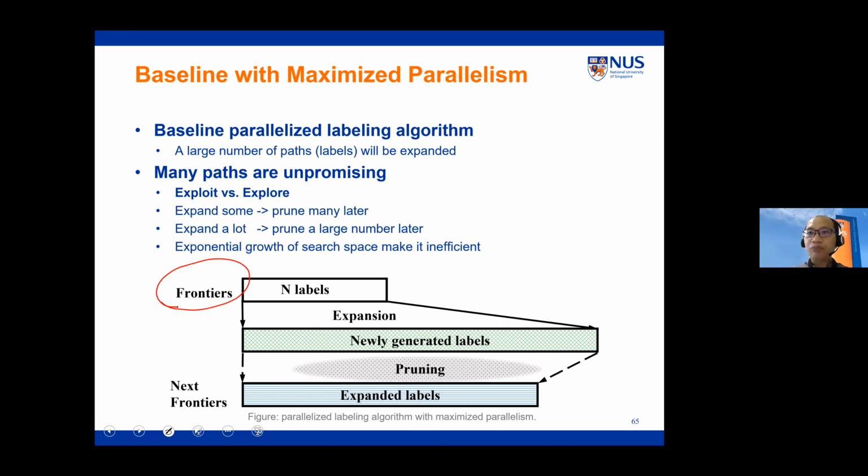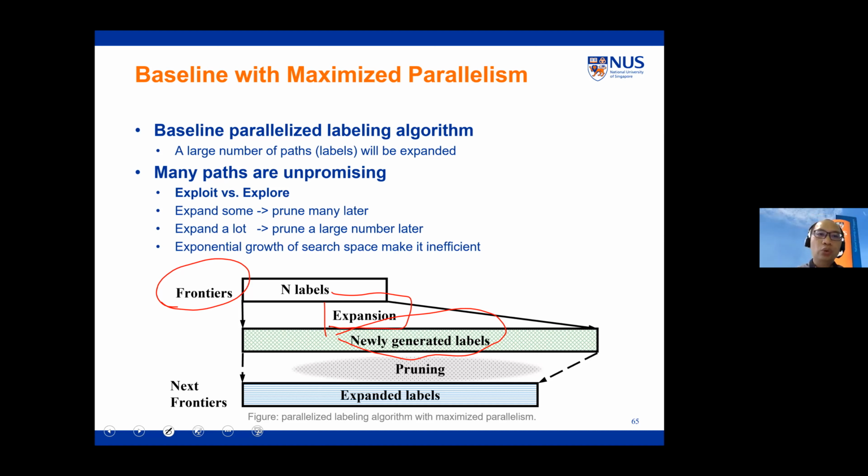In each step, we can expand some of the labels and grow one step further, which can generate some new labels. You can see this expansion can be done in parallel. We can decide how many labels we expand.